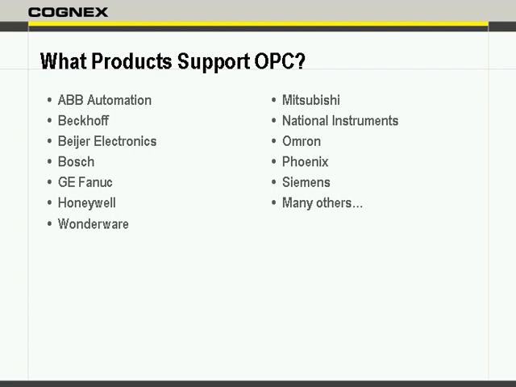These could be custom PC applications, or these could be HMI packages, SPC software packages as well, etc. It's just another way of sharing data between products. It could be between our camera and an HMI package and a PLC, etc.